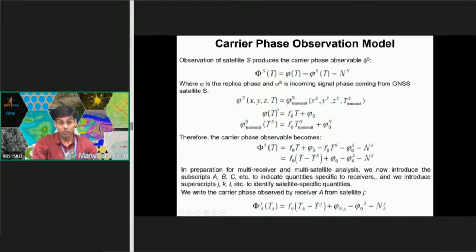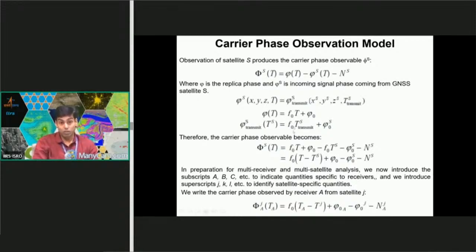When we put this for satellite S, because here we have taken a particular satellite. For GPS there are 32 satellites, and there are other constellations: GLONASS, Galileo, BeiDou, and IRNSS. IRNSS is our regional navigation system, and the others are global navigation constellations.